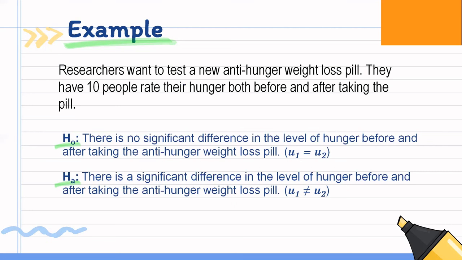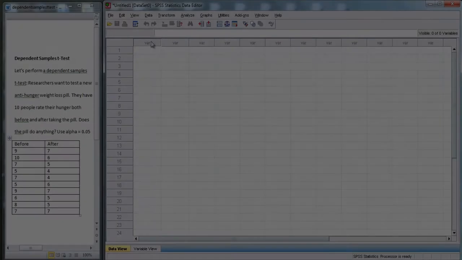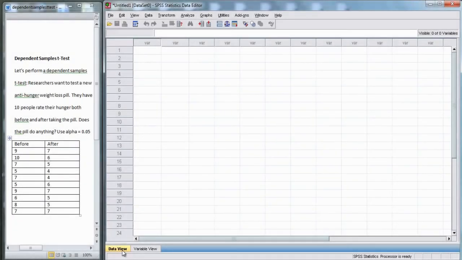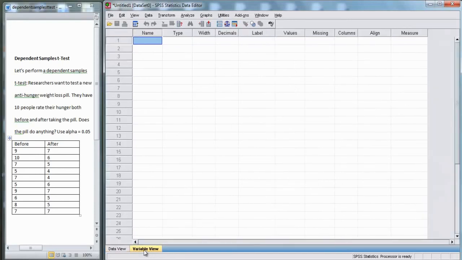Now let's look at the SPSS software, SPSS Statistics. Open your SPSS data editor. Right now we are on data view, which is where we input our data. Right now it is all blank. First, we need to tell SPSS what variables we have.